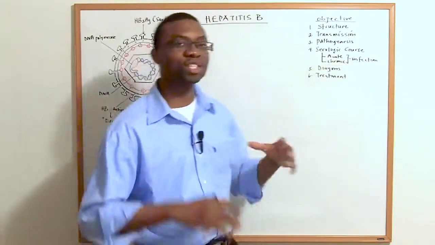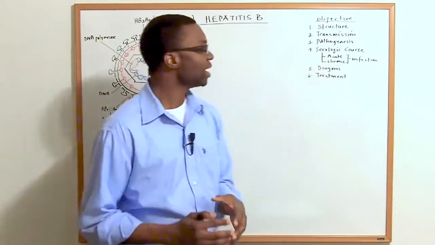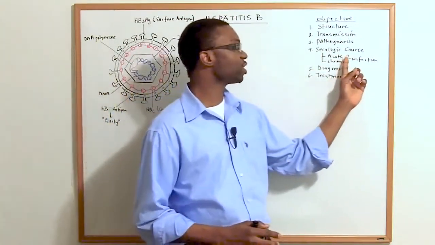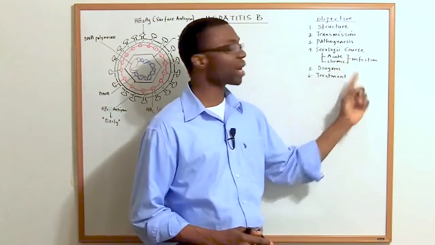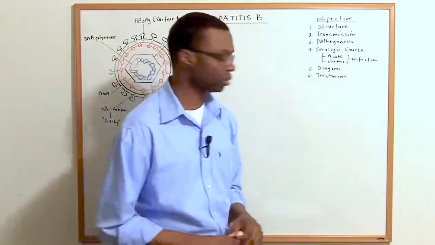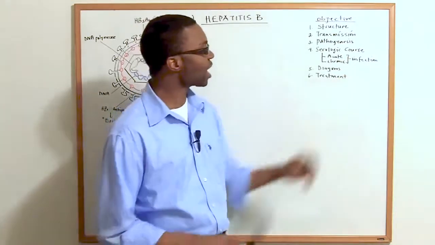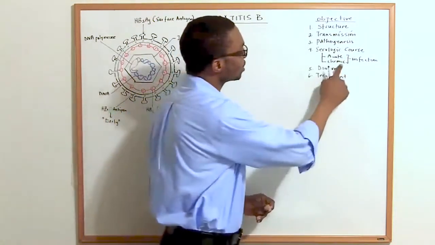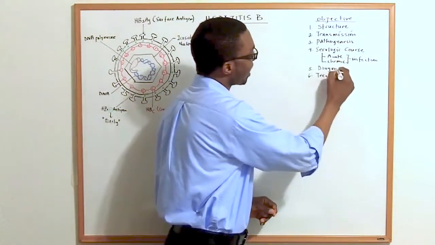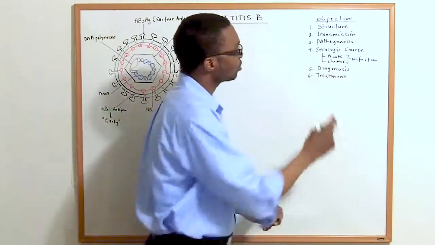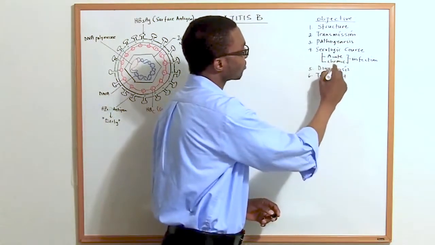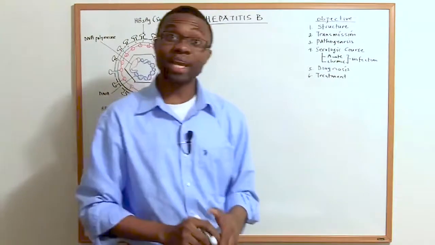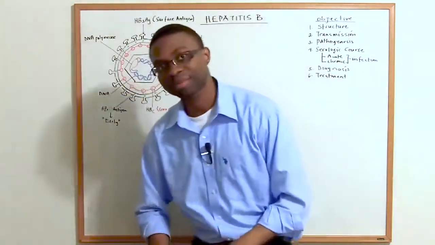We're also going to go over the serologic course in order for us to be able to differentiate between acute and chronic hepatitis B infection. Then we're going to figure out how we make the diagnosis. And how do we treat? And that's it. So let's start.